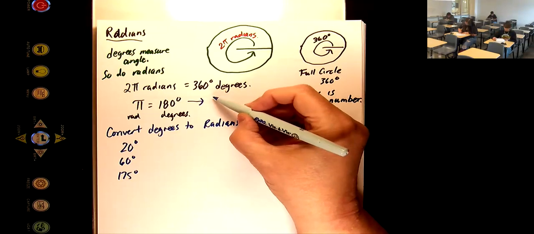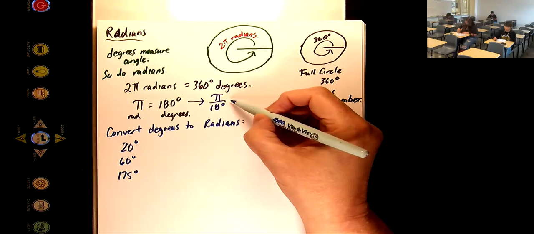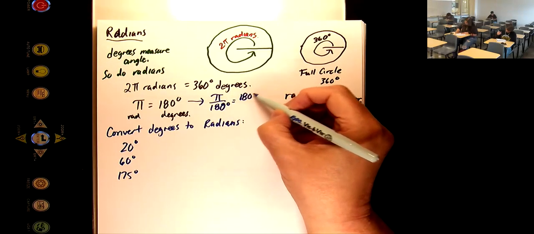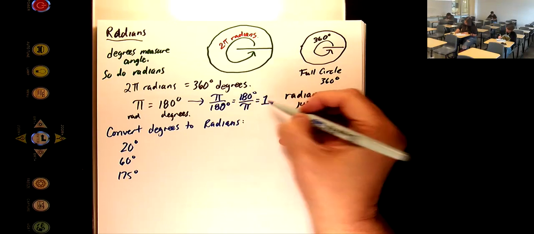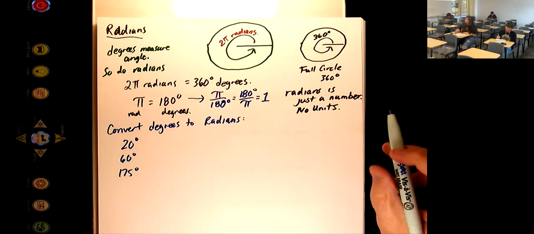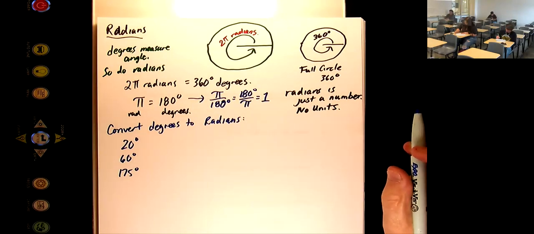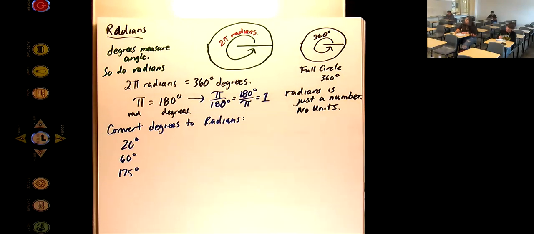I could write this as pi over 180 degrees, or I could write this as 180 degrees over pi. They both equal 1. This is a unit conversion bridge, like we did feet to inches. I just did feet to inches a little while ago. We're going to do that same type of conversion right here.